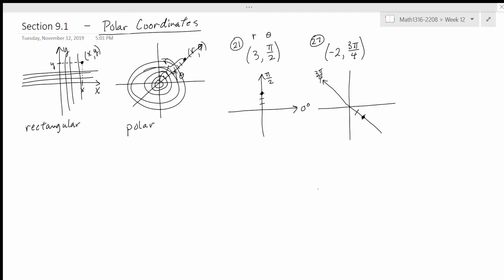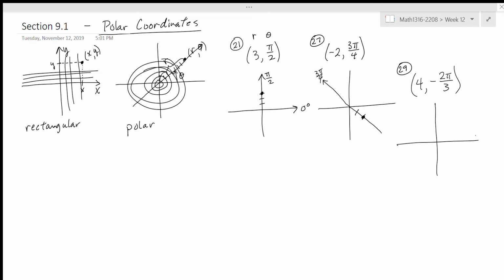Let's try number 29. For number 29, this time the angle is negative. So which way do negative angles spin?